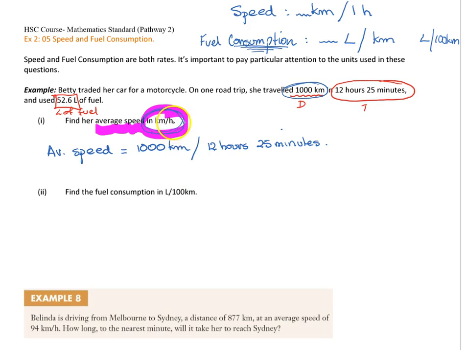Per hour measures time. What quantity refers to time? It's this 12 hours, 25 minutes. Now this is an essential first line. We're going to work with that and think about, we want to reduce the second quantity to 1 hour.